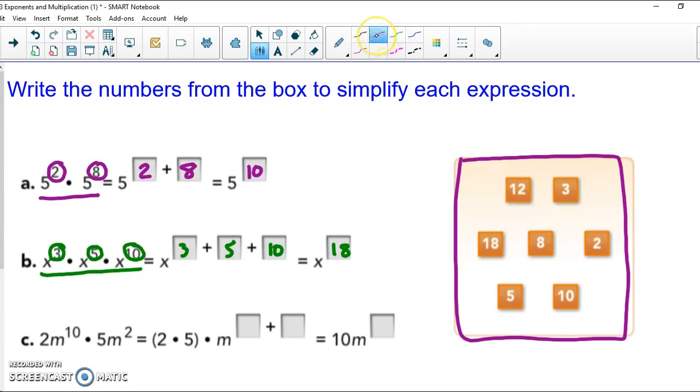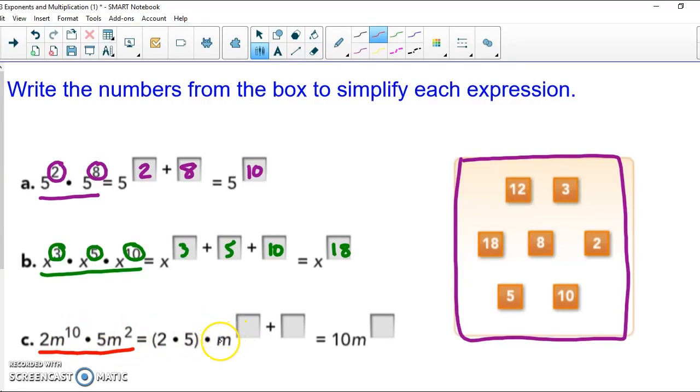Now sometimes, like in letter C, we're going to multiply and have some coefficients in front of our variables. So I still need to multiply everything here. So I'm going to multiply my coefficients, 2 times 5, and then I'm going to multiply my exponents. I have m to the 10th times m squared.